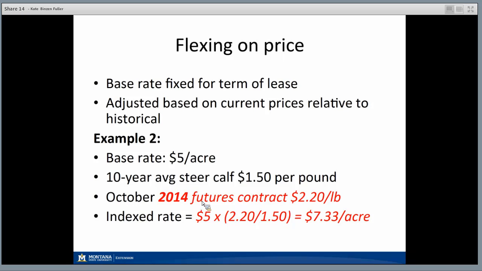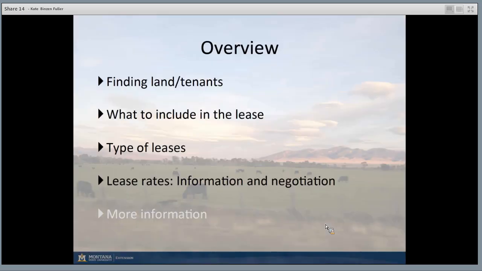It was about $2.20 a pound. So the indexed rate is going to be $5 multiplied by 220 over 150, and that comes to $7.33 an acre. So the tenant would share in some of that good year with their landlord.